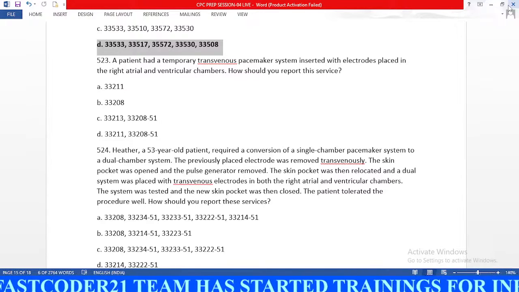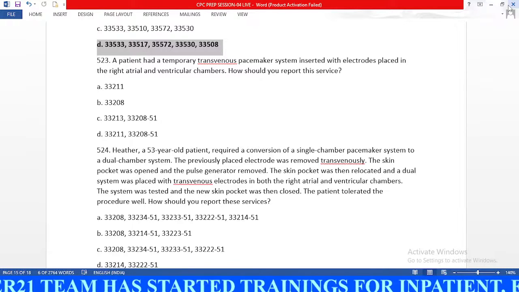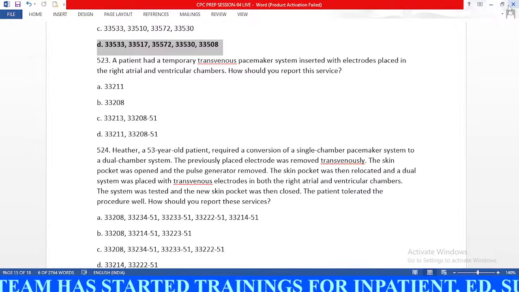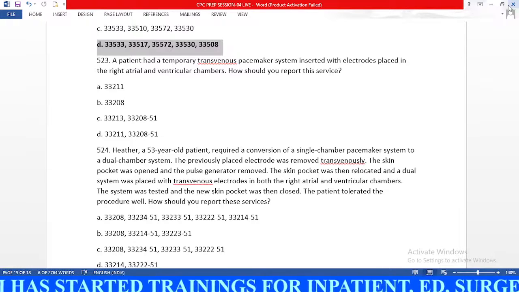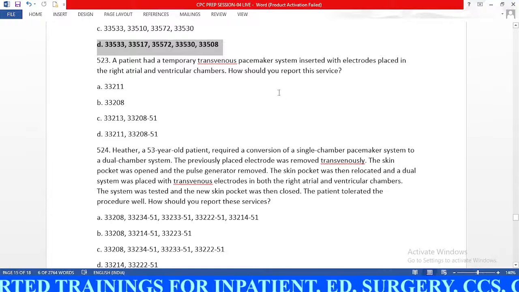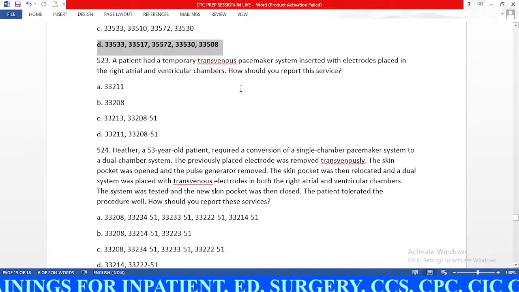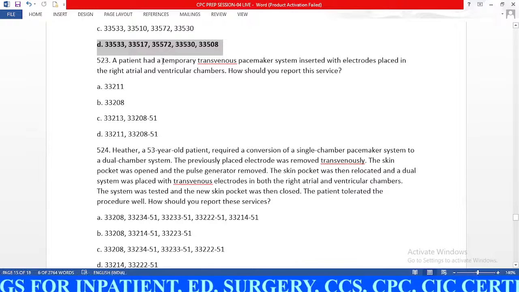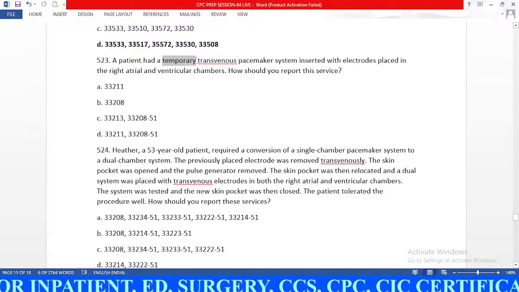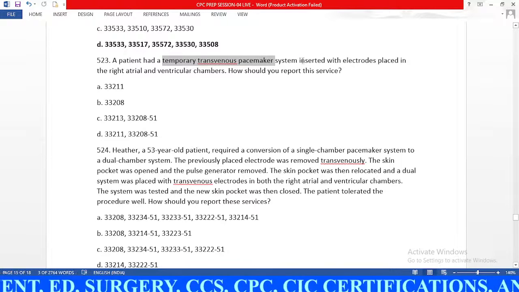So we will discuss the answer now. Don't skip any question without an answer. Try to answer all the questions without leaving any. Whenever you code a pacemaker system, we have temporary and permanent. Here our keyword is temporary transvenous pacemaker system, and insertion.